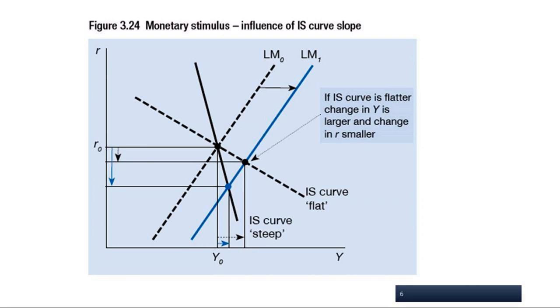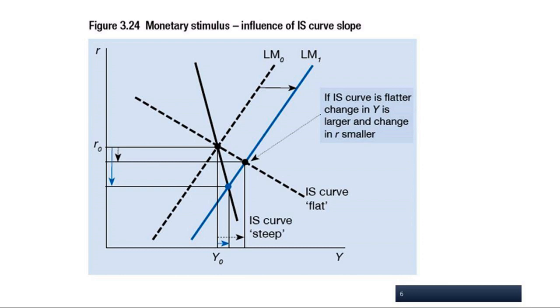So in that sense, a flat IS curve is good for expansionary monetary policy, where if the IS curve is quite steep, you have to decrease interest rates a lot and only get a small increase in output.